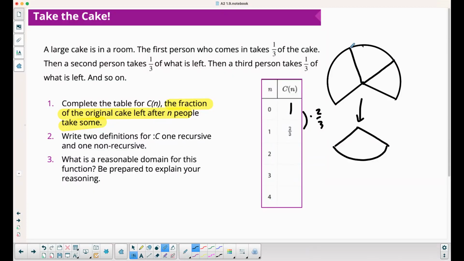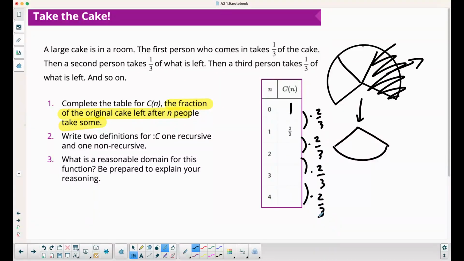That looks, no, that's not good. Let me try that again, make it a little bigger. Something like that. Those look pretty equal. So someone comes and takes this piece out of here, so I'm just going to cross it off. All right, we have 2/3 of that left. So what you see here is you're going to keep multiplying by 2/3 each time.